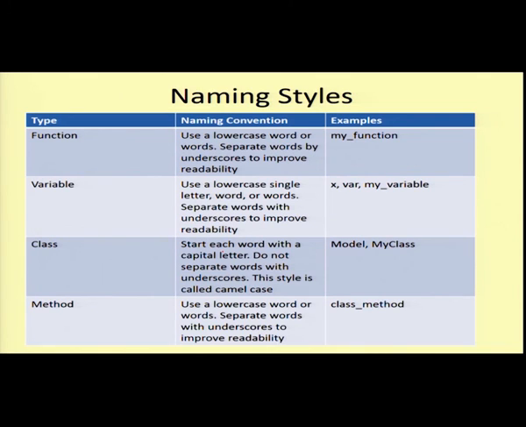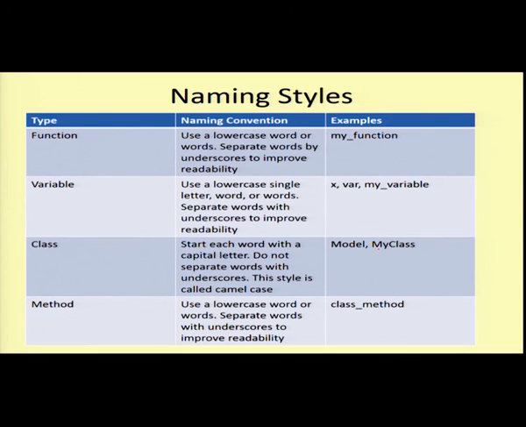This style is called camel case. This is pretty important from the examination point of view as well as the interview point of view. The naming convention in a class which uses a capital letter at the start of each word is called camel case.